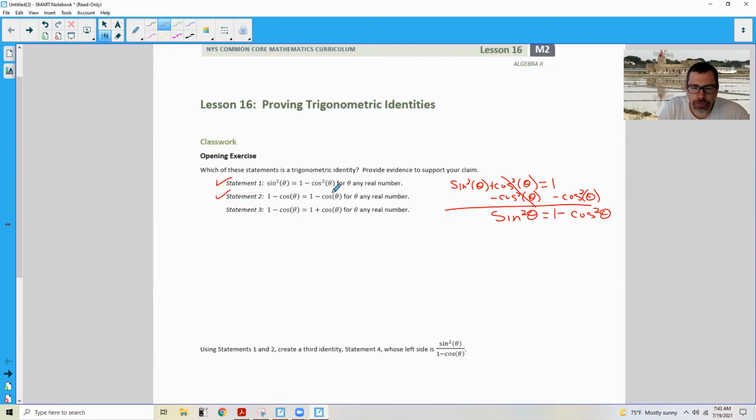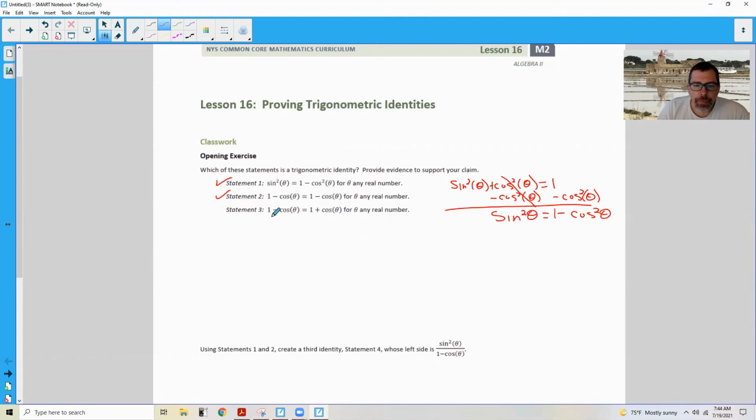Anything equal to itself would be considered an identity because this is true for any value of theta. You plug in cosine of pi over 2, which is 0. 1 minus 0 is 1. 1 equals 1. It's going to be true for any value of theta.